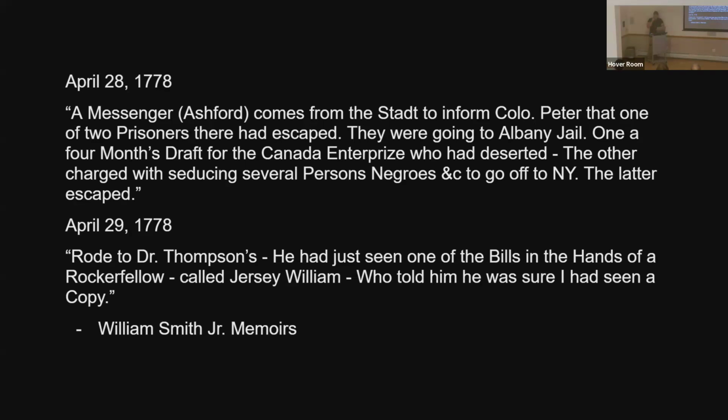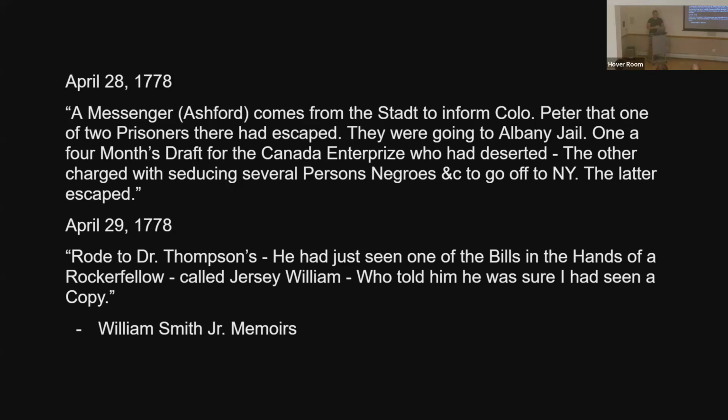The following day, pretty remarkable thing here, just in terms of Germantown history. Jersey Bill Rockefeller. You may remember years and years ago, I talked about John D. Rockefeller's genealogical roots here in Germantown, and his, I believe, 3 times great-grandfather was a man named Jersey Bill Rockefeller, called Jersey Bill because he came from New Jersey.